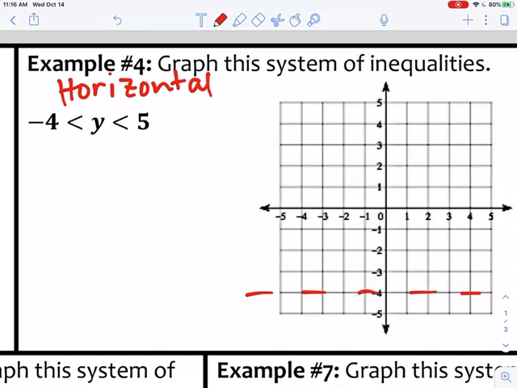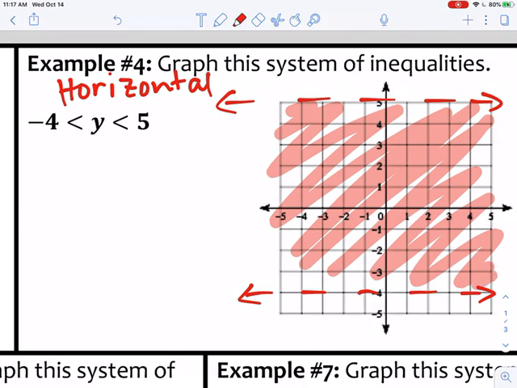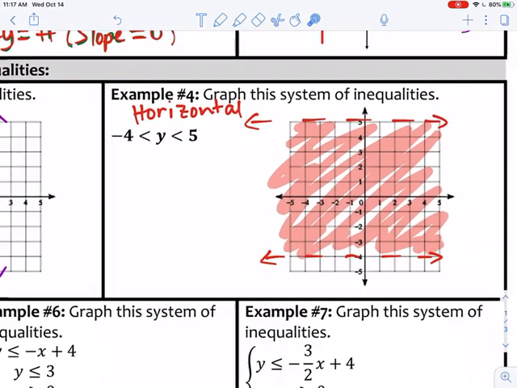So we're going to make a dashed horizontal at -4, and we're going to make a dashed horizontal at 5. And this kind of an inequality is showing that we're just going to go ahead and shade between the two. So our solution is anywhere between those two lines. Anything lying on the line on both of these would not be included.